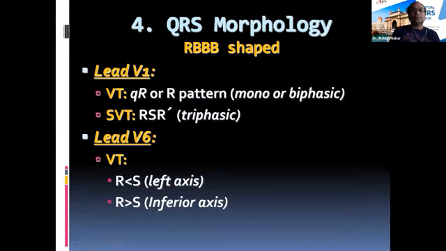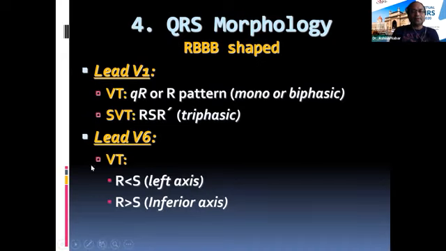If you look at the QRS morphology, for example, if it's RBBB shaped, and you have a QR pattern or a monophasic R in V1. As I said, if it's an SVT, usually it has an RSR' pattern in V1. But if it is a monophasic R or a QR pattern, despite it being a right bundle branch block type morphology, you can conclude that you are dealing very likely with a VT.